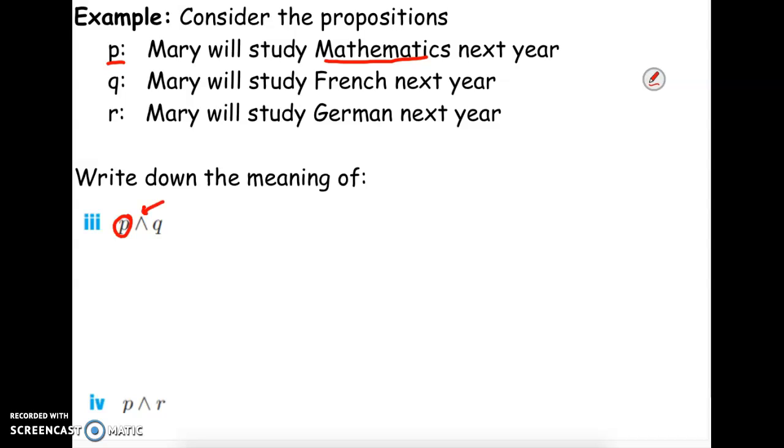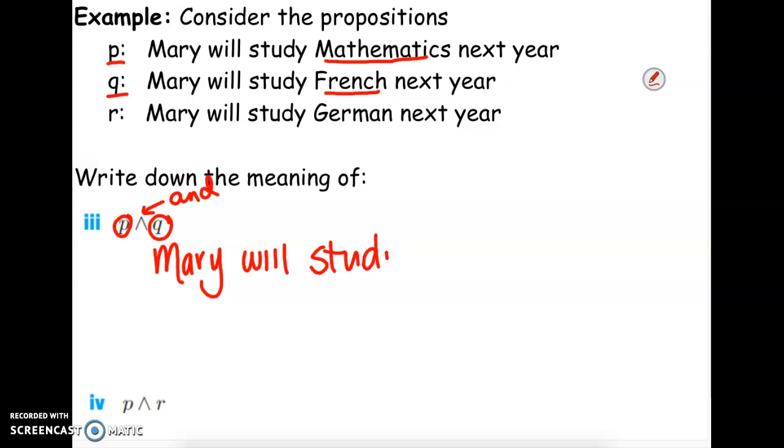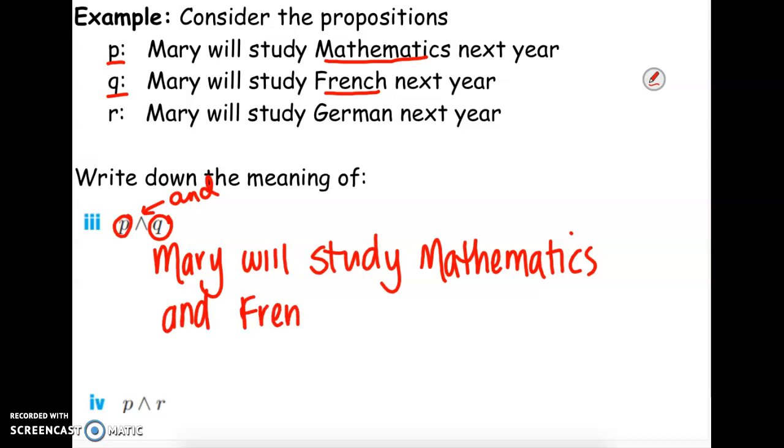The symbol here represents and, a conjunction, Q, where she studies French. So how we write that is Mary will study mathematics and French next year.